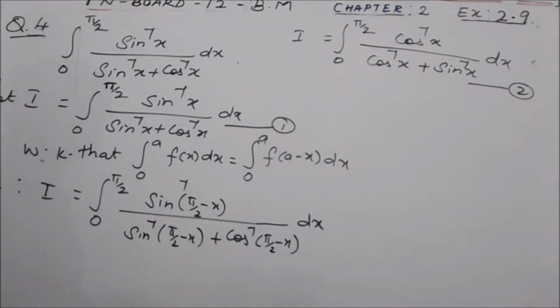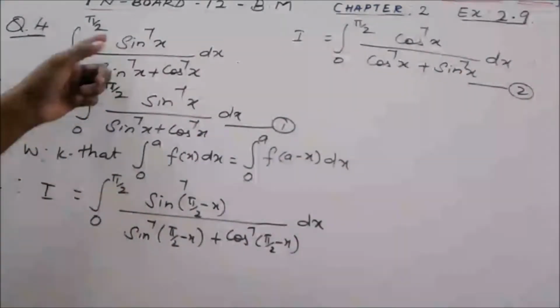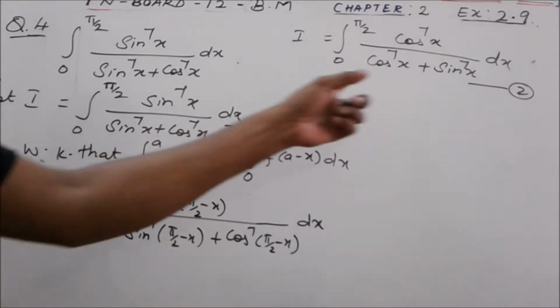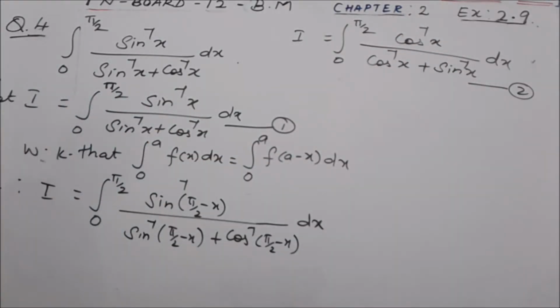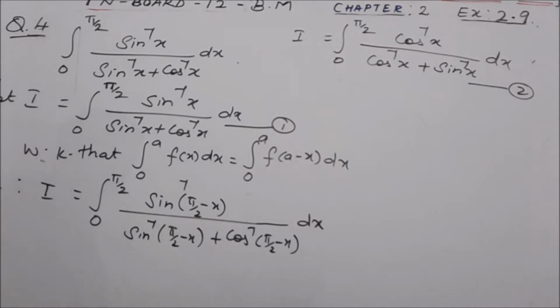This is equation number 2, because we don't have a direct formula to integrate this function either. Here it is sin^7 x by (sin^7 x plus cos^7 x), but here cos^7 x by (cos^7 x plus sin^7 x). Both are in the same form, so this also is not integrable directly.